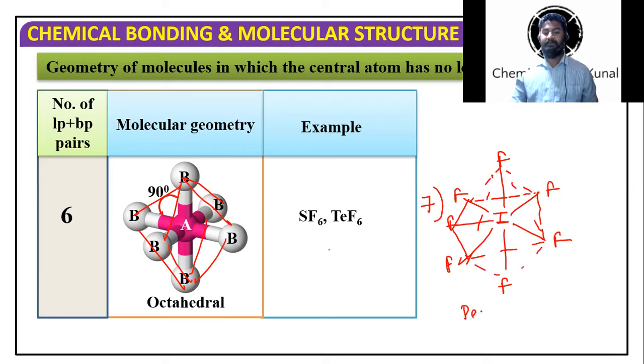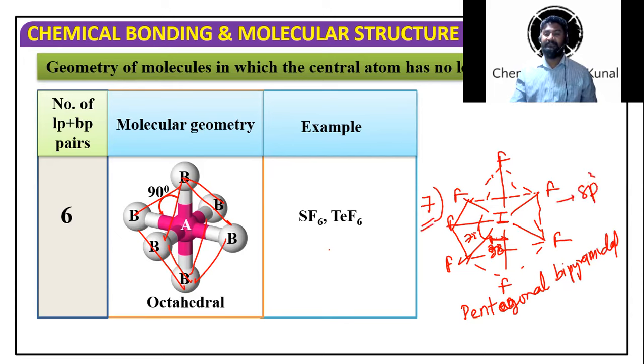So pentagonal bipyramidal. Angles are 72 degrees and 90 degrees. So that's how we can represent it as a 7. Hybridization is going to be sp3d3.